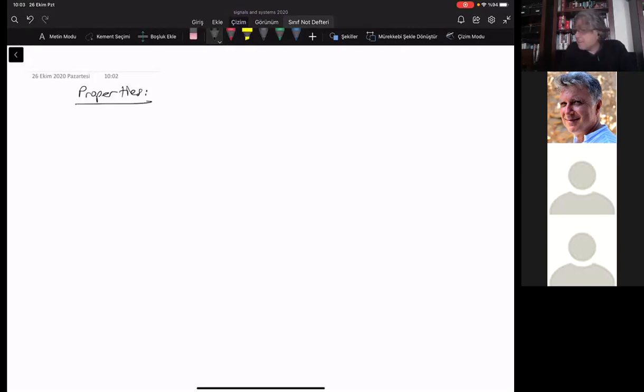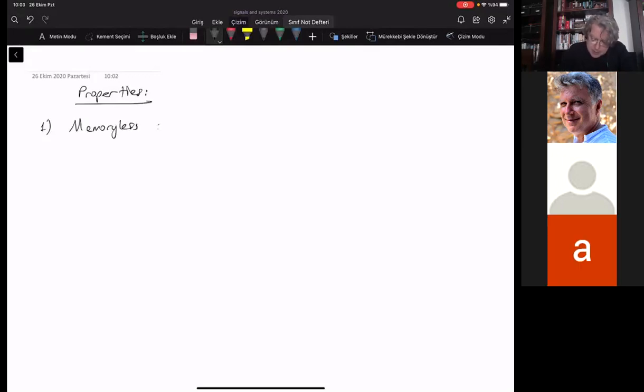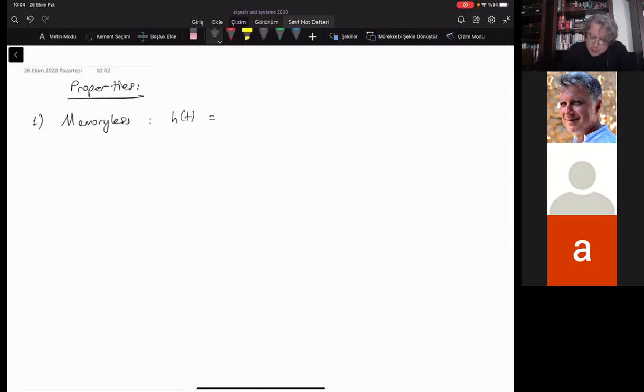For example, is the system memoryless or with memory? Memoryless systems are quite simply whenever h of t or h of n is equal to k times delta t or delta n. So memoryless systems are only trivial systems, but this is only for LTI systems.